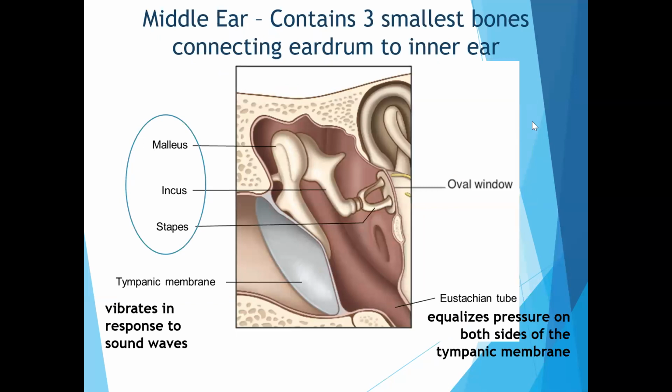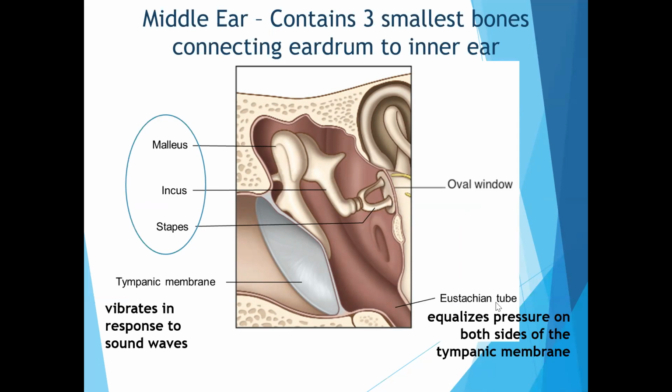Okay, so our middle ear actually has 3 bones in it. These are the smallest bones in our body. And they help transmit our sound basically through vibration. So we have the malleus, the incus, and the stapes, which then connects to our oval window.